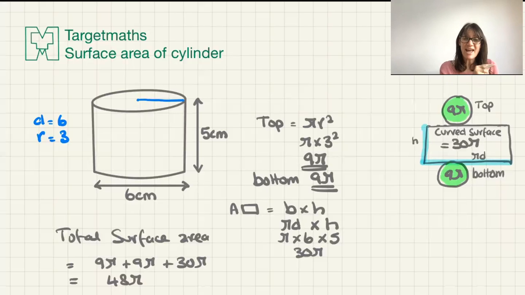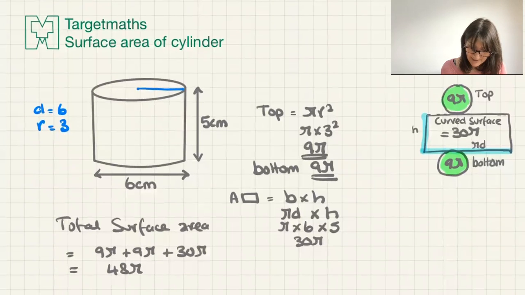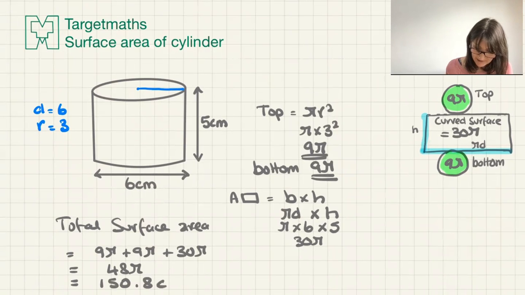At this stage, I am going to stick it in the calculator, and that's when I get my answer as a decimal. I'm going to round it to one decimal place, and the answer is 150.8. And it's surface area, so centimeters squared. And that's it, the surface area of a cylinder. And every cylinder works in the same way.